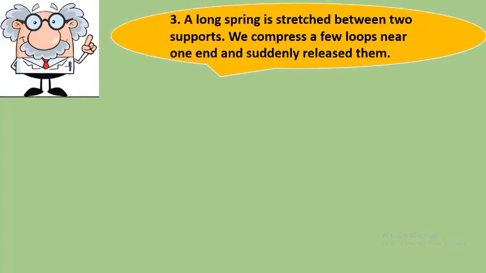Now we move on to exercise 3. We have a long spring and it is stretched between two supports. We compress a few loops near one end and suddenly release them.